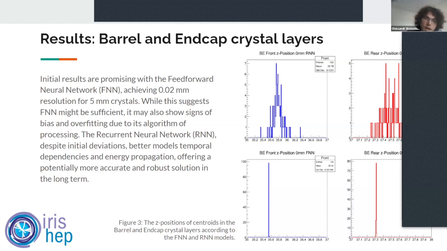That's impressive, but in the long term the RNN can be more promising, especially if the model is improved. Overall, I would say the RNN can provide a more robust solution than the FNN.